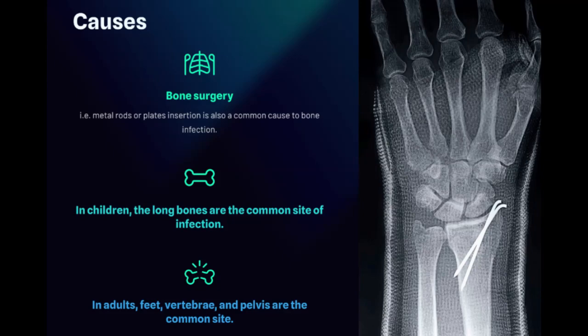These regions harbor unique biomechanical and physiological characteristics that predispose them to microbial colonization, necessitating a tailored diagnostic and therapeutic approach in affected individuals. By recognizing the diverse array of causative factors contributing to osteomyelitis, clinicians can adopt a comprehensive approach to patient evaluation, integrating clinical history, imaging studies, and microbiological analysis to elucidate the underlying etiology and guide therapeutic decision-making.